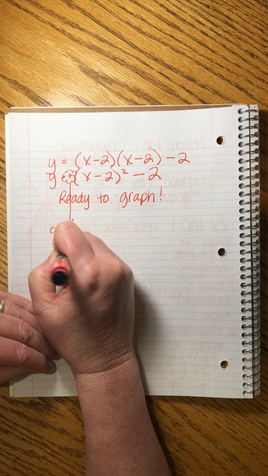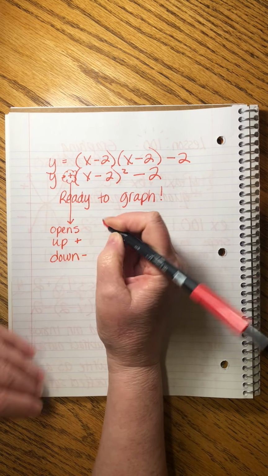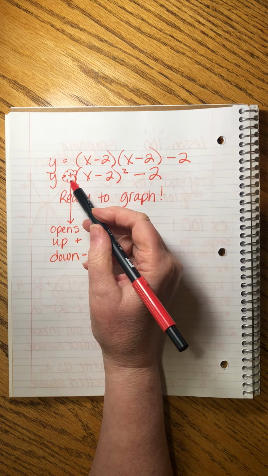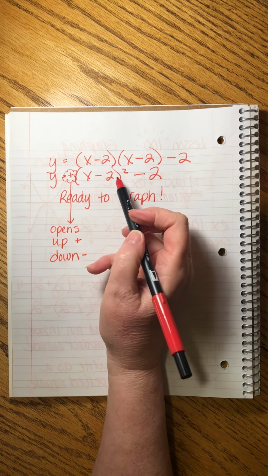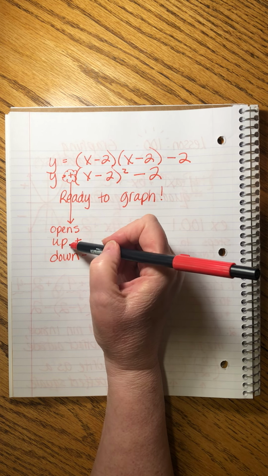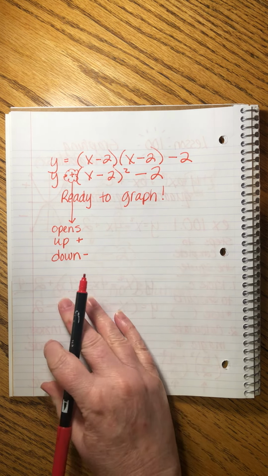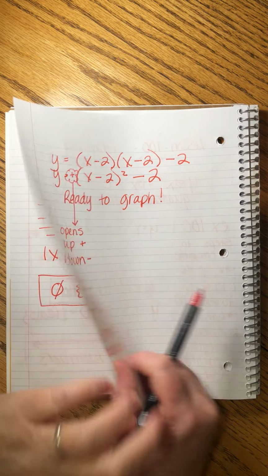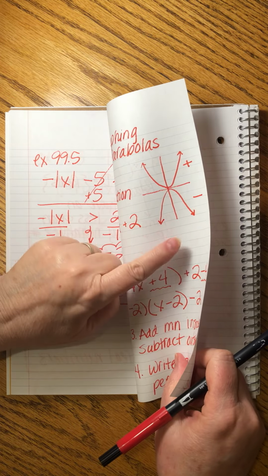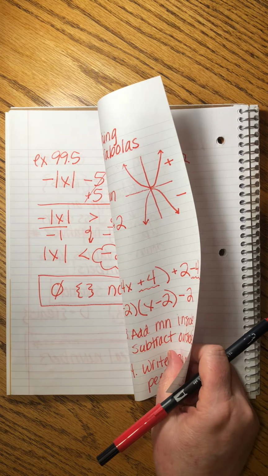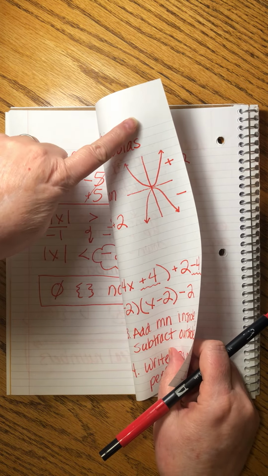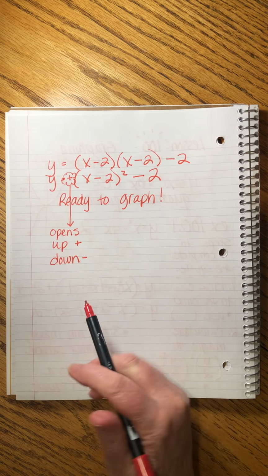It opens down if this is negative. So the sign, plus or minus, in front of this tells us which way the parabola opens. Remember how I drew the picture here? With one going up and one going down, and I put the positive and negative. Oh, now you understand, right? That's the way the positive one looks. That's the way the negative one looks.